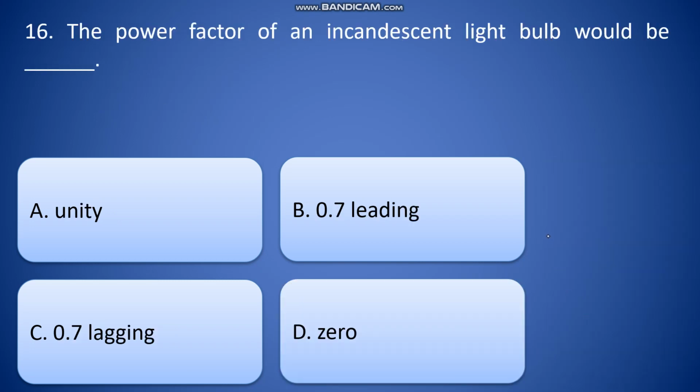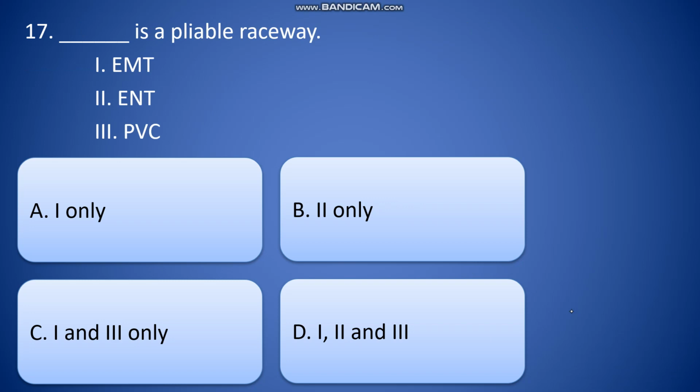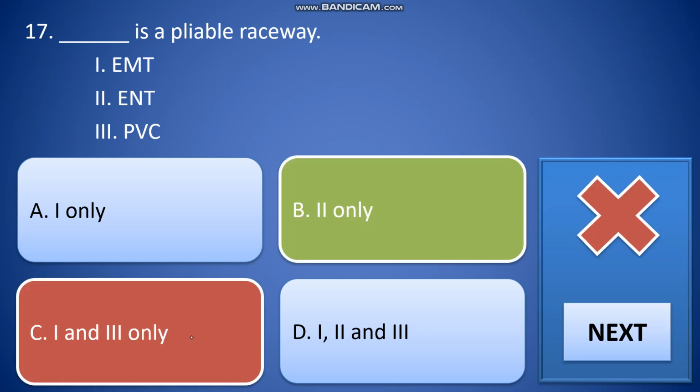The power factor of an incandescent light bulb would be unity. Blank is a pliable raceway. Answer is C. 1 and should be ENT only.